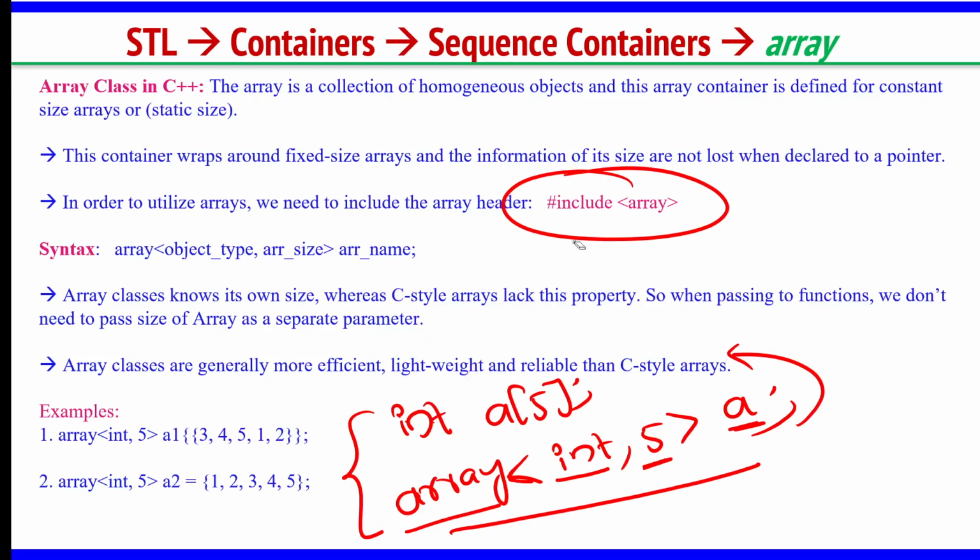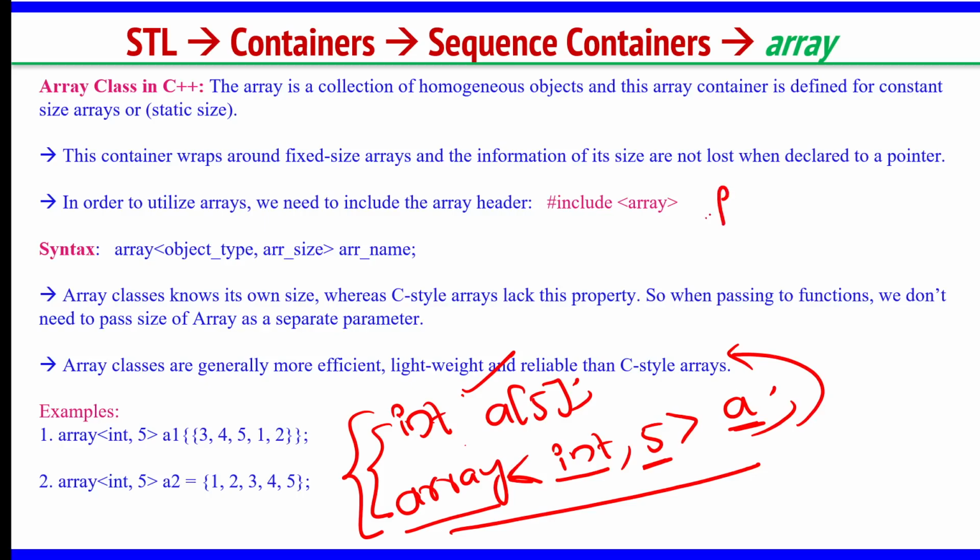Now what is the difference between these two declarations? Why do we have to use this? One important difference of this array class is when you are passing an array as an argument to a function.